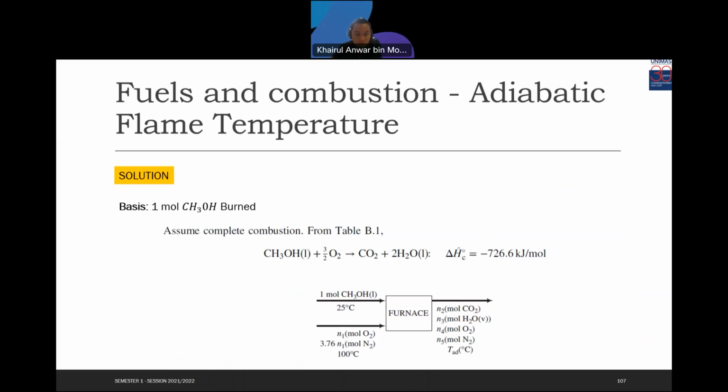Assume complete combustion. From table B1, CH3OH plus 3/2 oxygen equal to carbon dioxide plus water, delta H C is negative 726.6 kilojoule per mole. Basis 1 mole, so you have 5 unknowns.